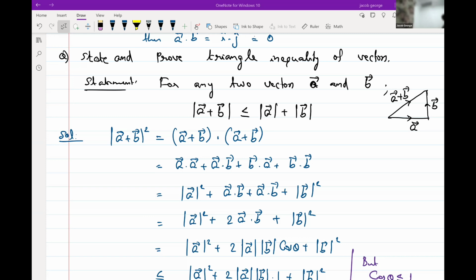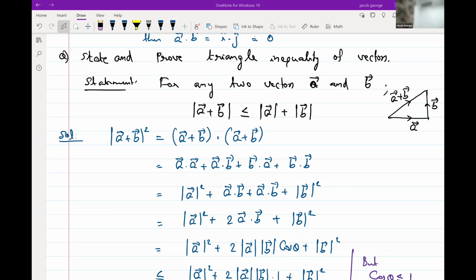Then how to make it less than or equal to? We know A dot B is modulus of vector A into modulus of vector B into cos theta. What is the maximum value of cos theta? 1. Maximum value of cos theta is 1. So this cos theta can be replaced with a 1.